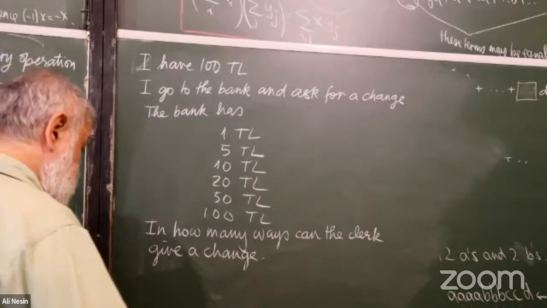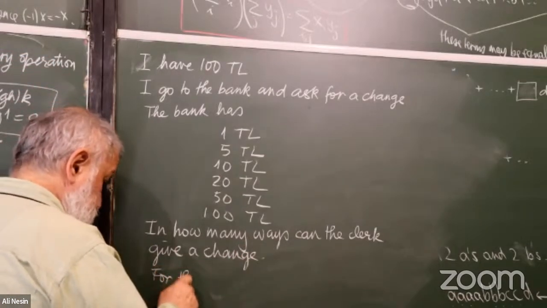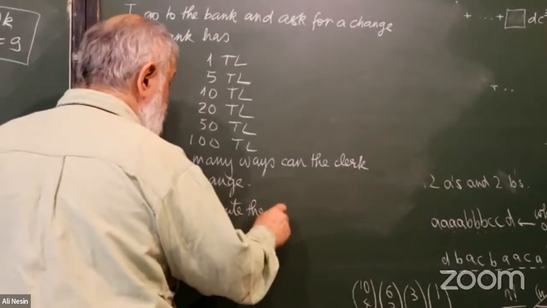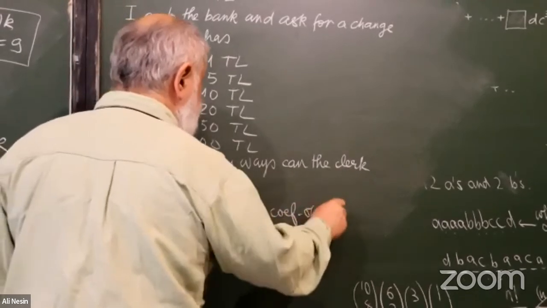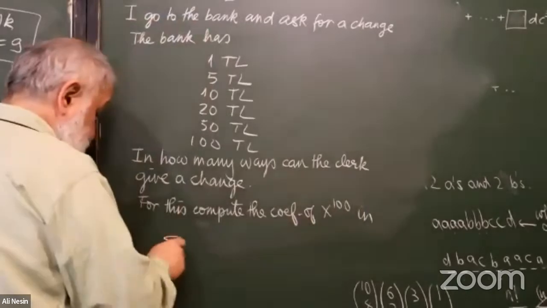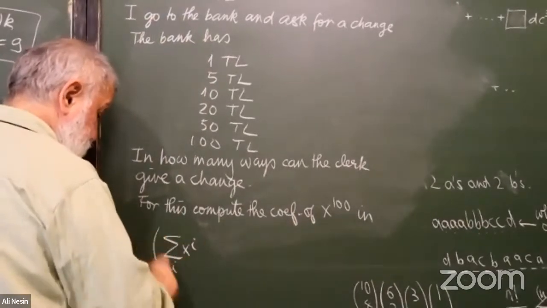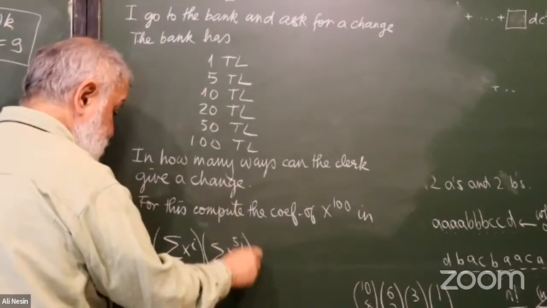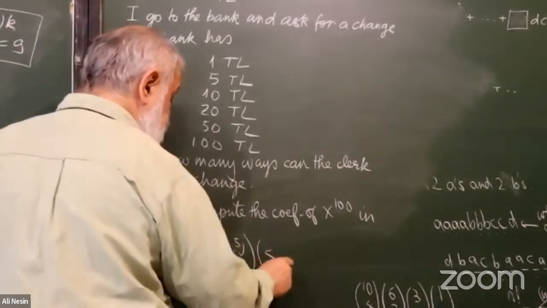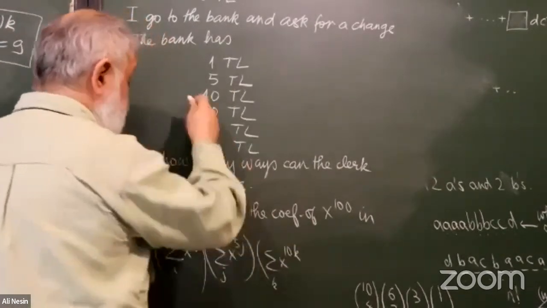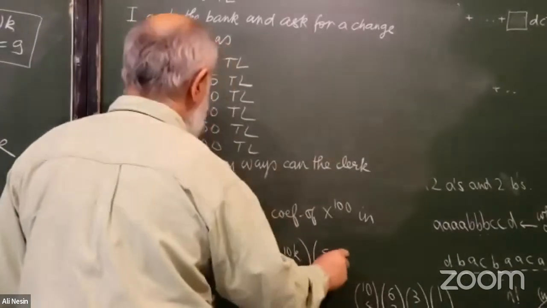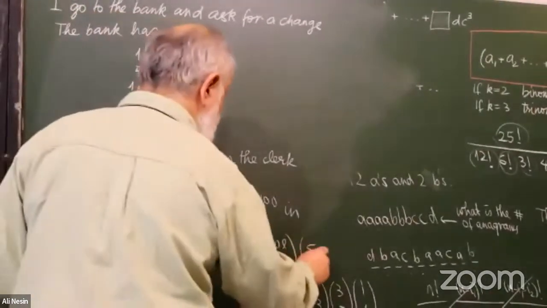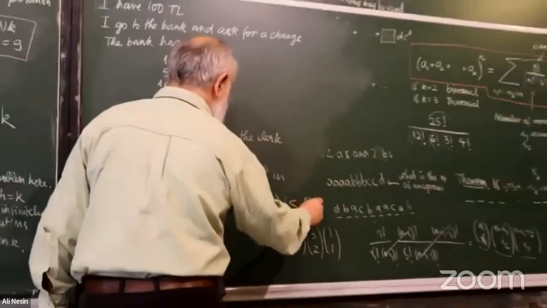For this, compute the coefficient of x to the 100 in the sum of x to the i's times the sum of x to the 5j's, the sum of x to the 10k's, the sum of x to the 20l's, and the sum of x to the 50m's.